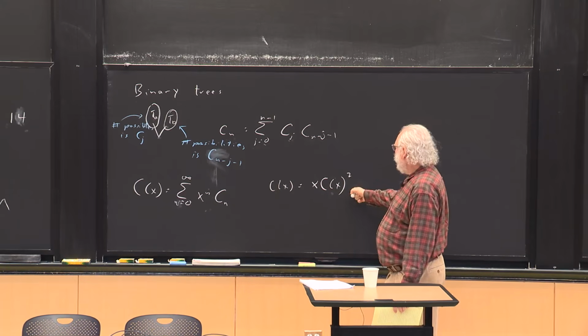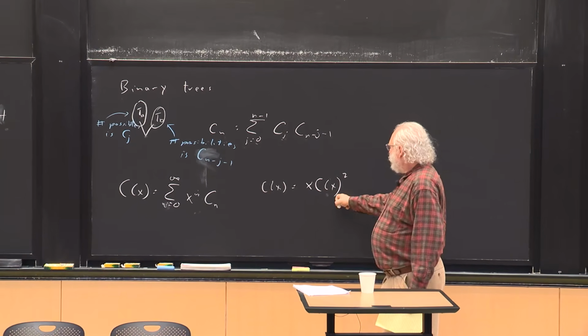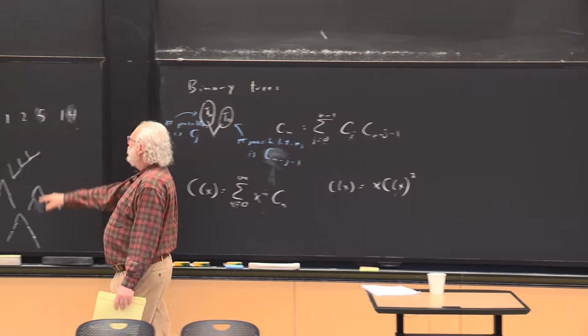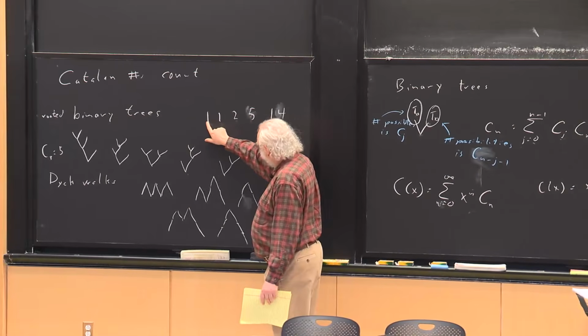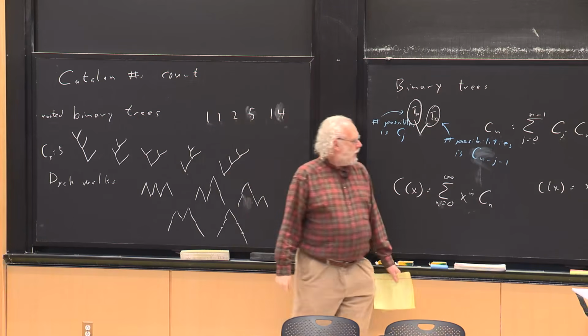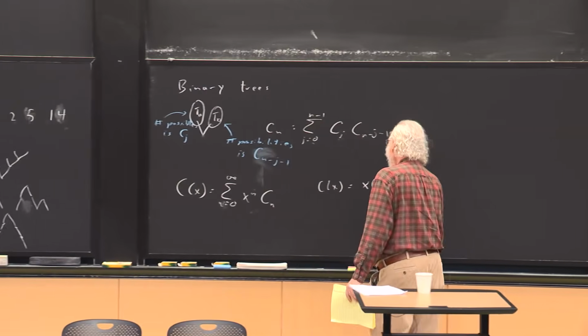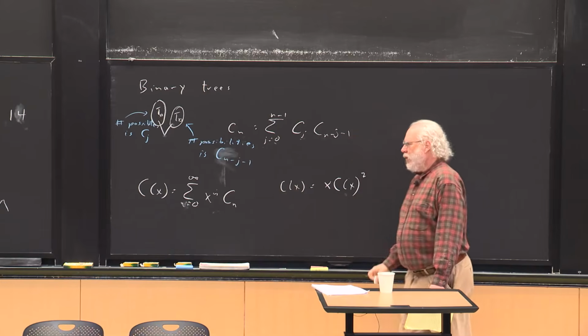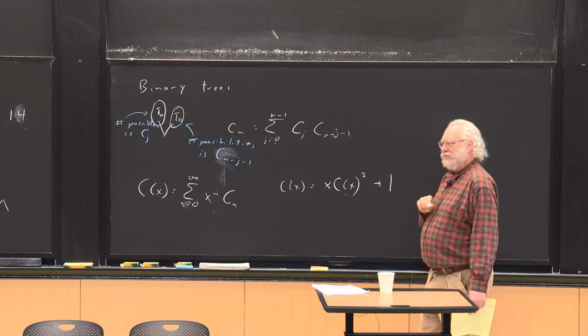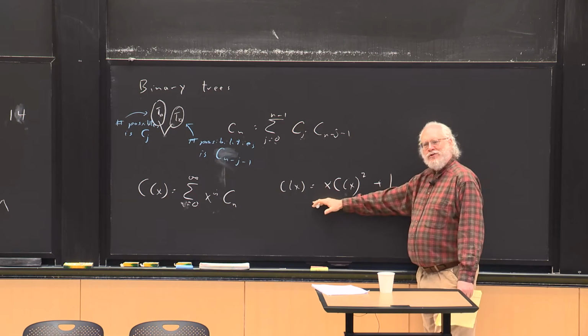And this isn't quite right either, because C of x starts 1 plus x plus 2x squared, etc. And this side is divisible by x, so this side has 1 in it, so we need to add 1 for the initial condition. And now we have an equation.